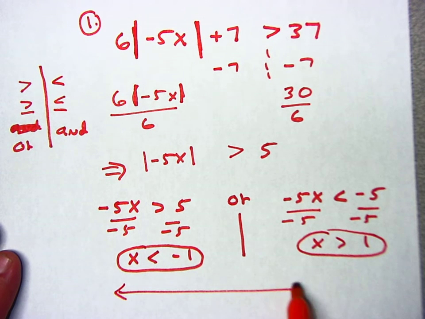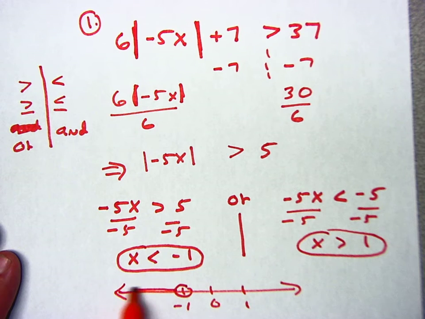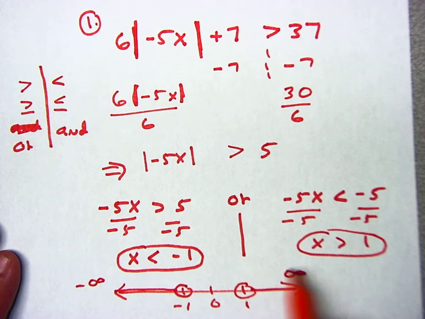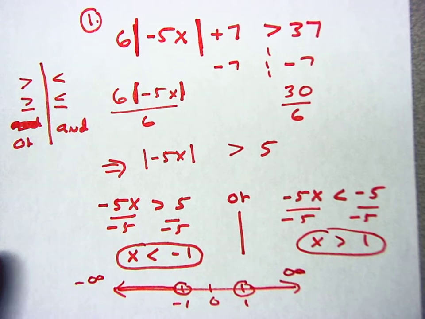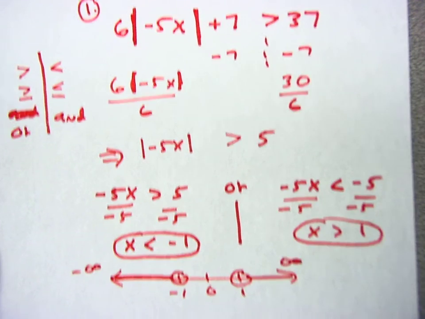They're compounds, so we're going to put it on one number line. Here comes your zero, your negative 1, your positive 1. I want x is less than negative 1, so it's going this way, or I want x is greater than 1. Remember, this one's going to negative infinity, and this one's going to positive infinity. When you go to do the interval notation, it is no stress at all.